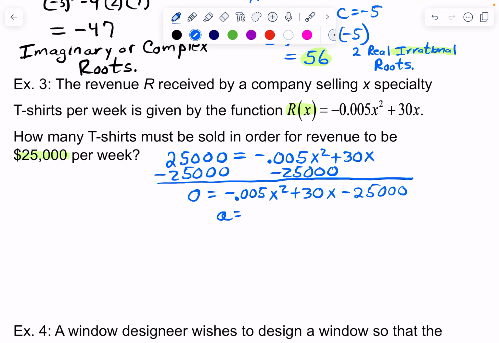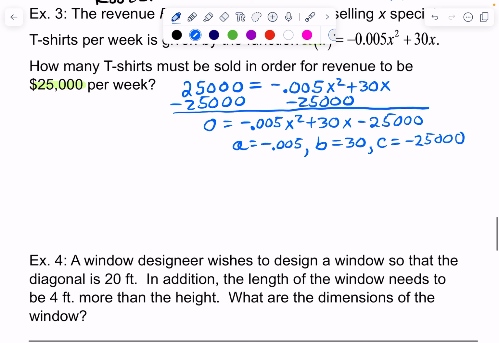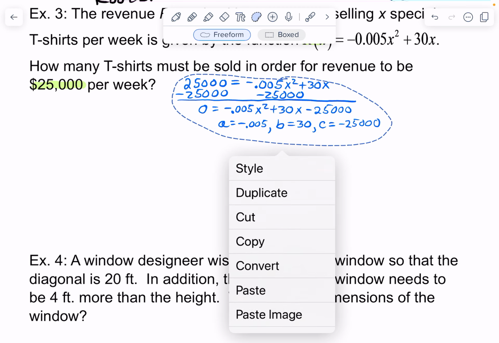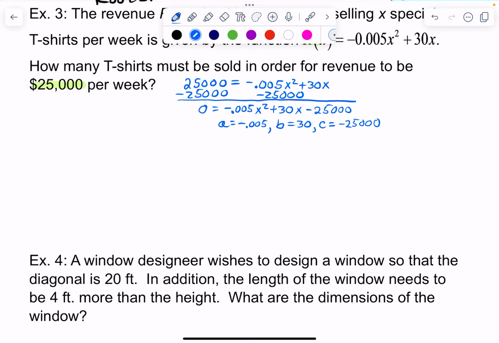So my a is negative 0.005, my b is 30, and my c is negative 25,000. Okay, so now let me shrink this a little bit to give us some space. Let's go ahead and use the quadratic formula. That's exactly why we have a quadratic formula for difficult situations like this. This would be quite difficult to factor or complete the square.